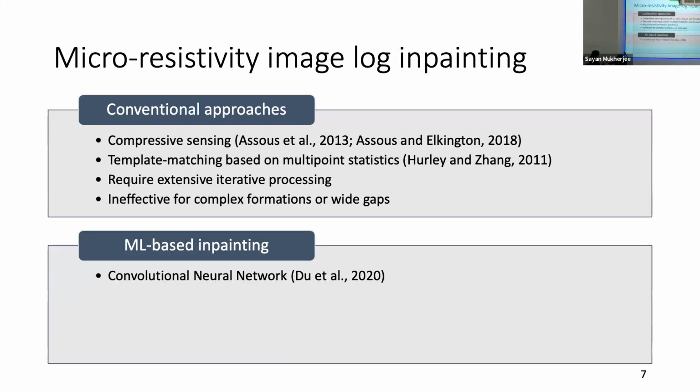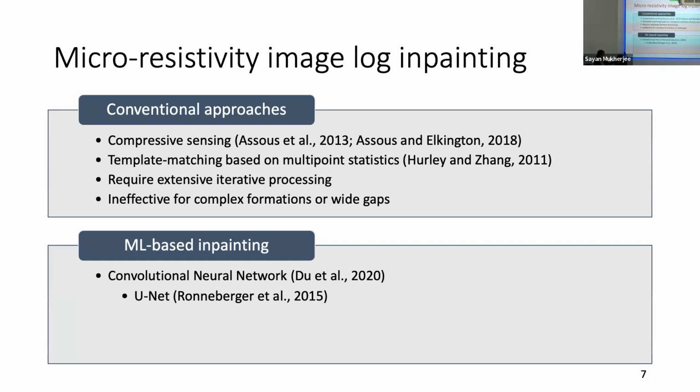Recently, machine learning methods, mainly convolutional neural networks, have been used in image log inpainting. However, the performance of these methods can be further improved. Among various CNNs, UNet is a popular one. It has a U-shaped structure with skip connections, so it can generate higher resolution images compared to a conventional autoencoder without skip connections.